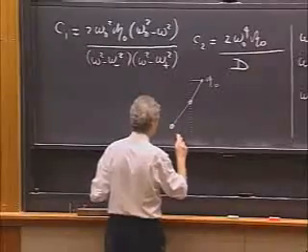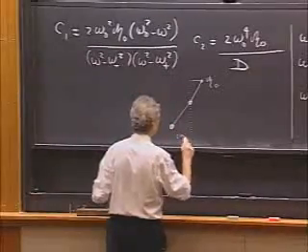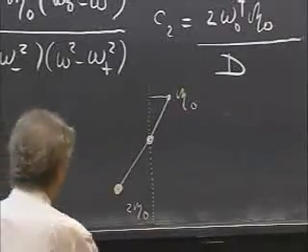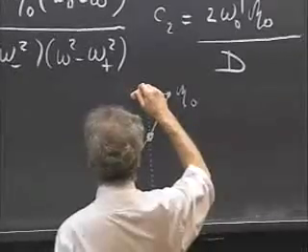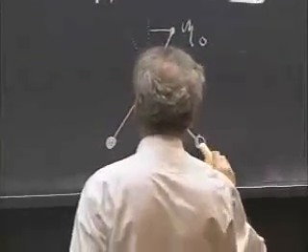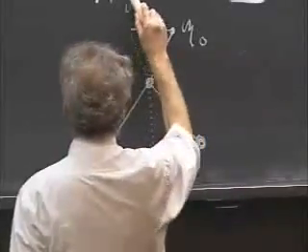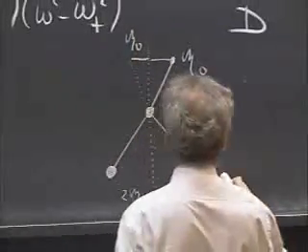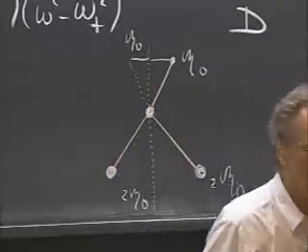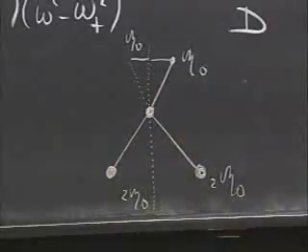So this is 2 eta 0. And then, if you look half a period later, it will look like this. So this is eta 0, and then this is 2 eta 0. And this one doesn't move. That's what it tells you.